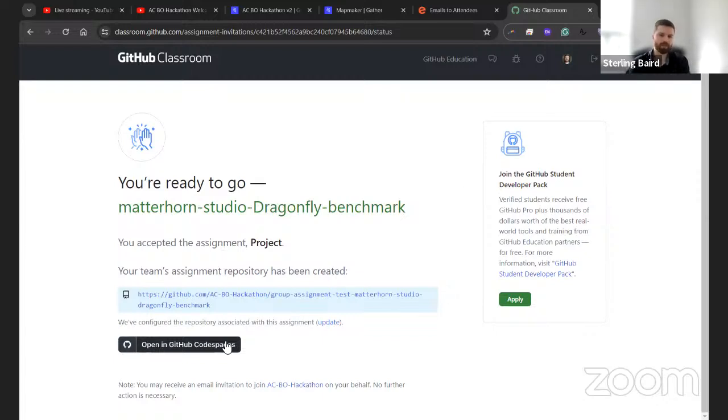Any repositories that get created within the umbrella of the ACBO Hackathon GitHub organization will have access to GitHub Codespaces.